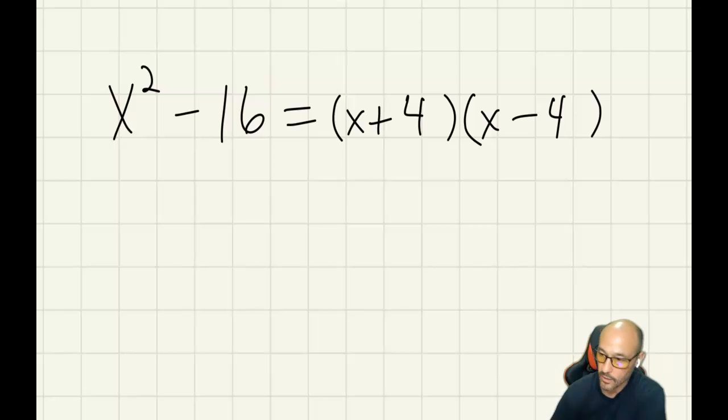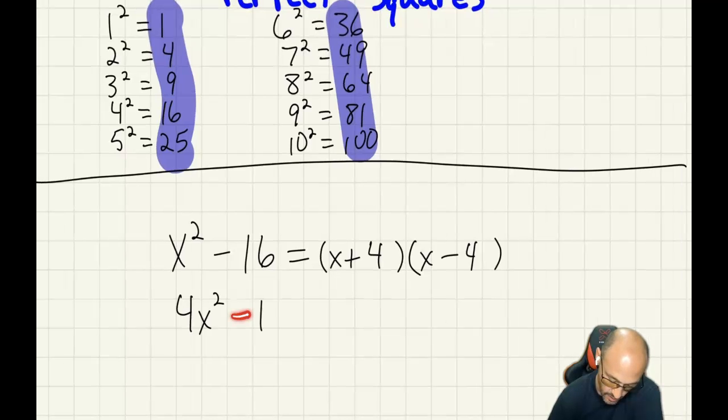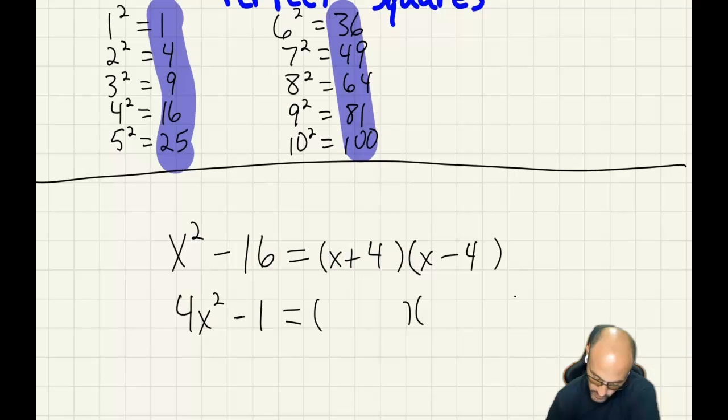Right? Similarly, if we have like a 4x squared minus 1, it's a difference of squares because 4 is 2 squared, and 1 is 1 squared. 1 and 4 are both perfect squares. So it's a difference of squares.